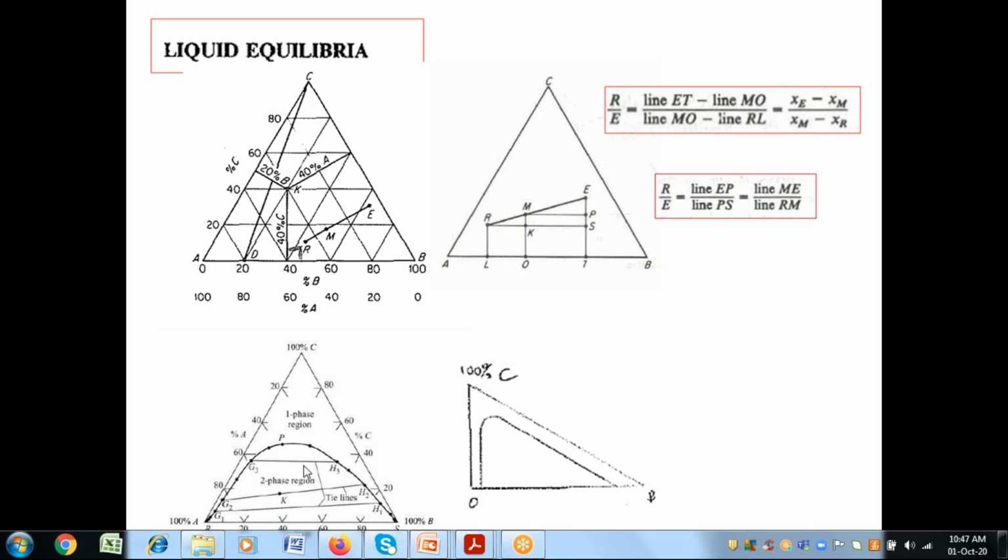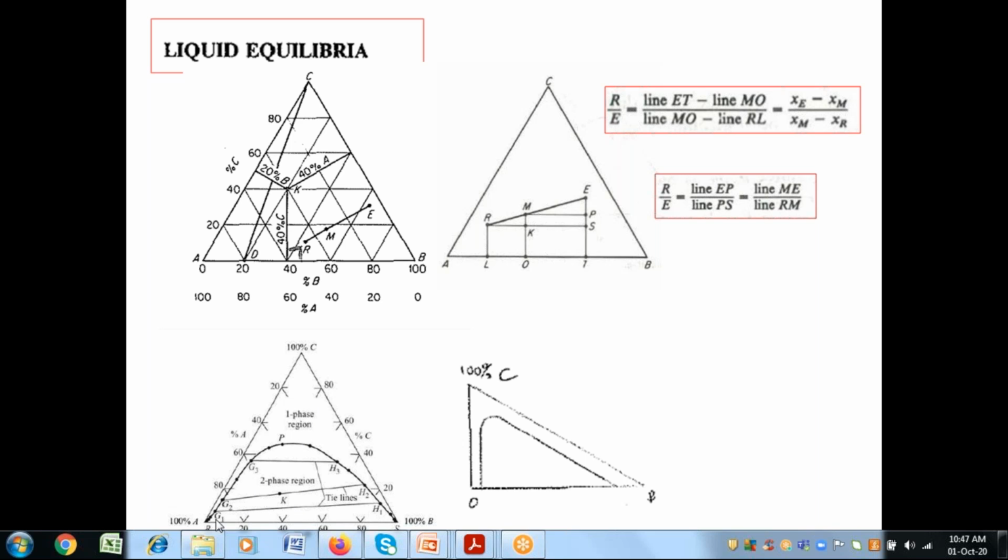But upon the addition of the C, then they will be having three different components, and these three components will be mixing together, and they will form either a homogeneous phase or a heterogeneous phase. So if I take a mixture point which is falling here, that gives only a homogeneous phase. That means it will be in a single phase forever. It never splits into two different phases.